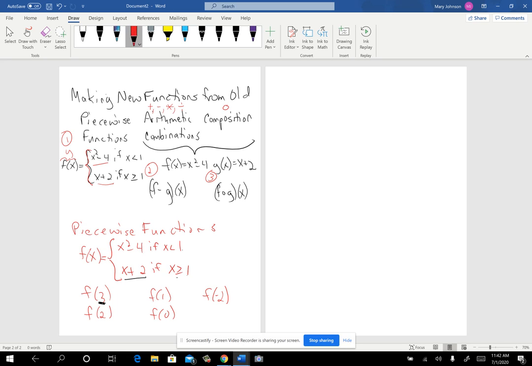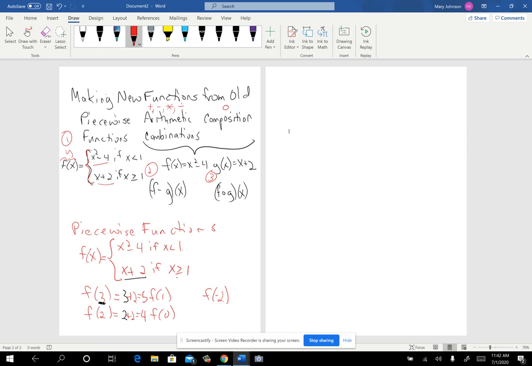So in place of the x, I'm going to put 3, and this function just says I would add 2 to it, so my overall answer would be 5. I would do the same thing for f of 2. The x value is now 2, the function says I need to add 2 to that, so my output would be 4. So f of 2 would be 4.